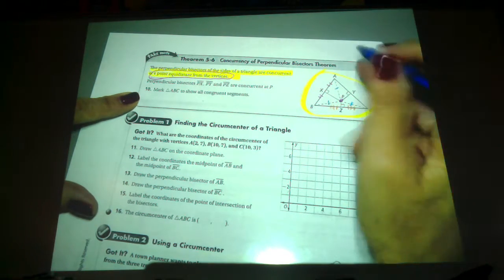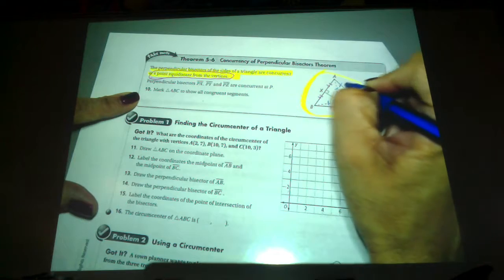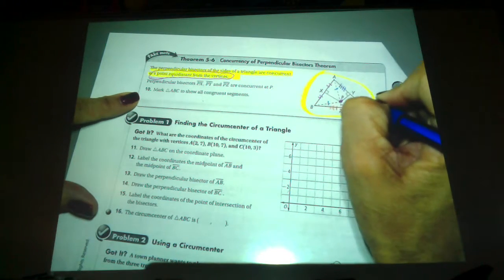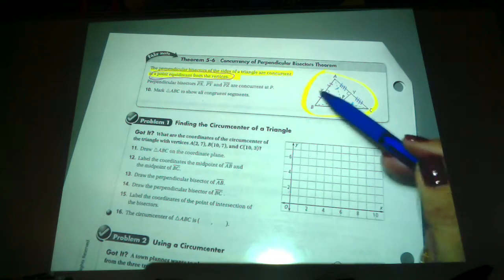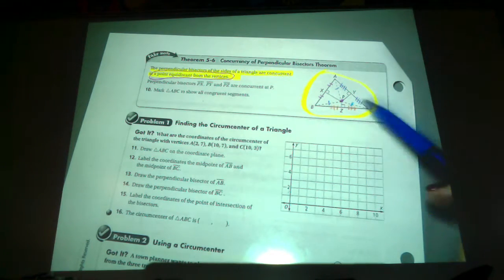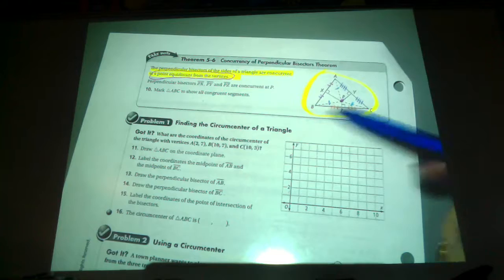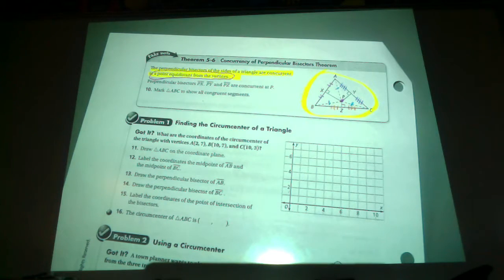And aren't these pieces here? Then you have tick marks. Congruent. I can't say that these pieces are all congruent to each other, but they're congruent to each of the pieces next to it. They have a lot of congruent pieces within that triangle based upon those perpendicular bisectors. They do a lot.